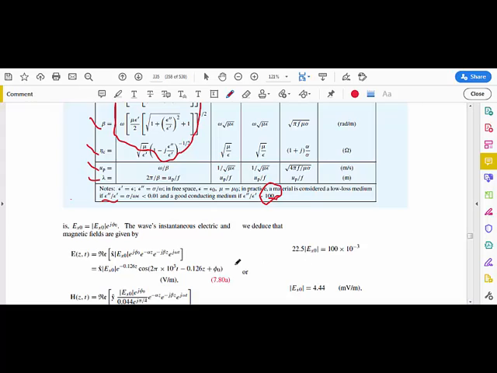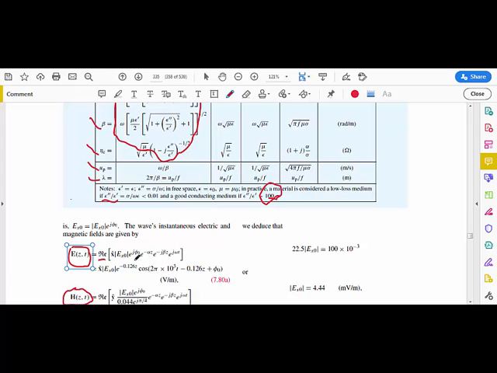So let's write the expression of the electric field and then the expression of the magnetic field, of course in instantaneous form, that means with time. As we said, to write it with time we need to multiply by exponential j omega t, and then take the real part of the whole expression.